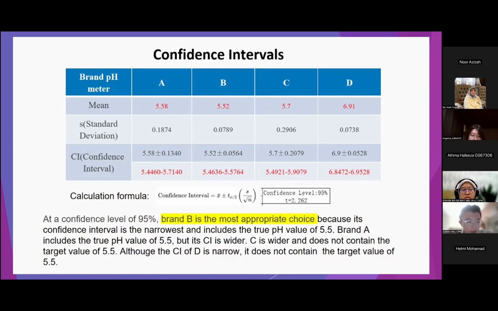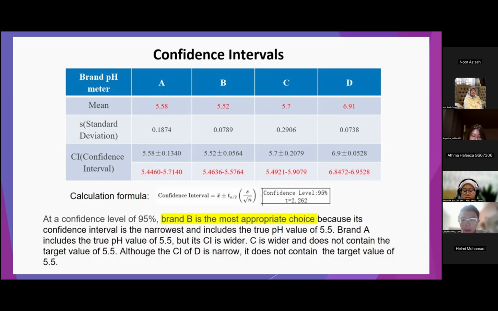Brand A includes the true pH value of 5.5, but its CI is wider. The CI of C is wider, and it doesn't contain the target value of 5.5. Although the CI of D is narrow, it doesn't contain the target value of 5.5 either. So at a confidence level of 95%, brand B is the most suitable choice.